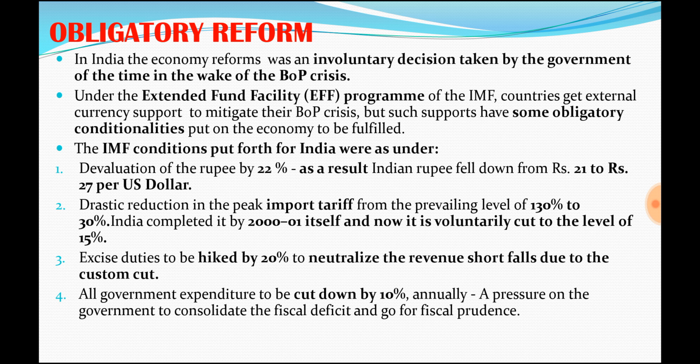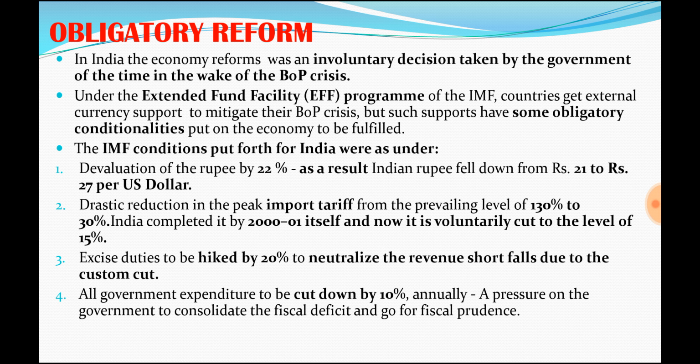The third important thing that the IMF asked for was to raise the excise duties, because the country would face a shortfall in revenue by reducing the import tariff. To offset this, it wanted India to increase the excise duties. When a country reduces the import tariff, it means the product coming from foreign countries will become cheaper.